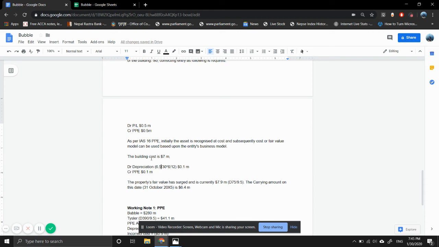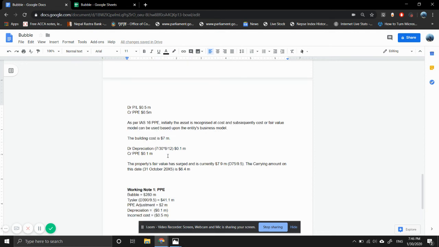and then after that depreciation is also charged on that, but it's the same thing. So this figure will be 7 million minus 0.1 million, 6.9 million, right?